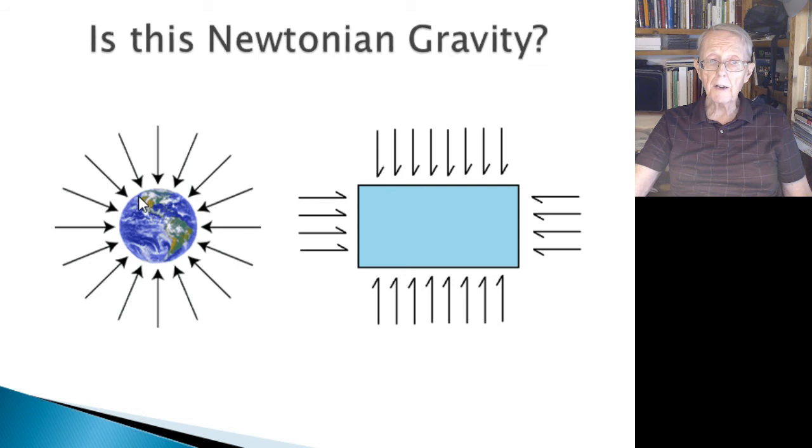If you look on the left, these arrows are actually perpendicular to the surface of the Earth all the way around, three-dimensionally. These are perpendicular to the surface all around. So that's the same. However, on the left side, the Earth, all of these arrows are pointing towards the center of gravity of the Earth.